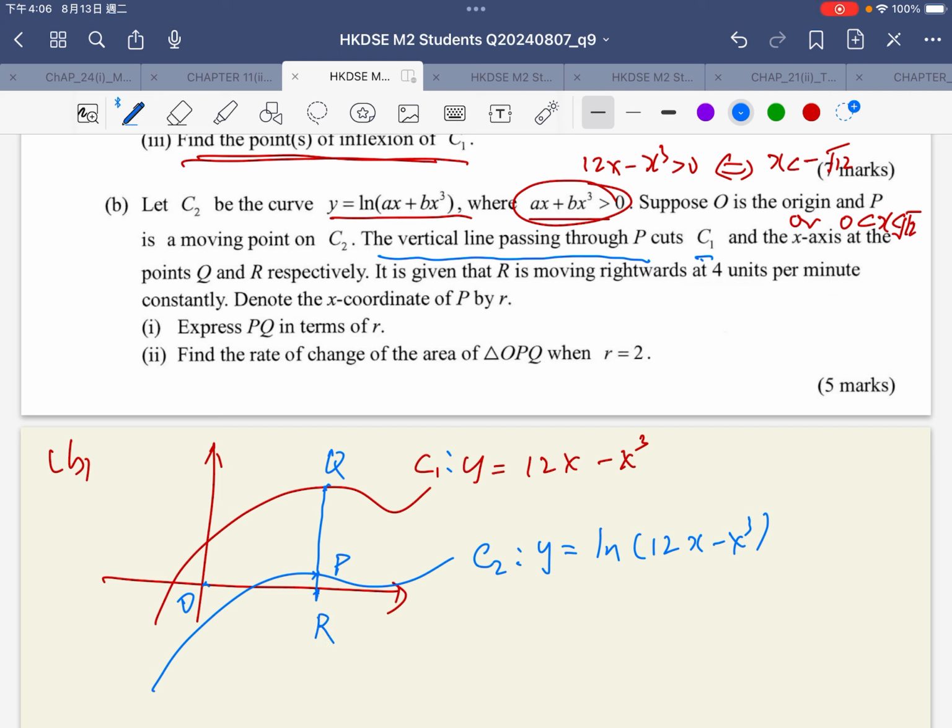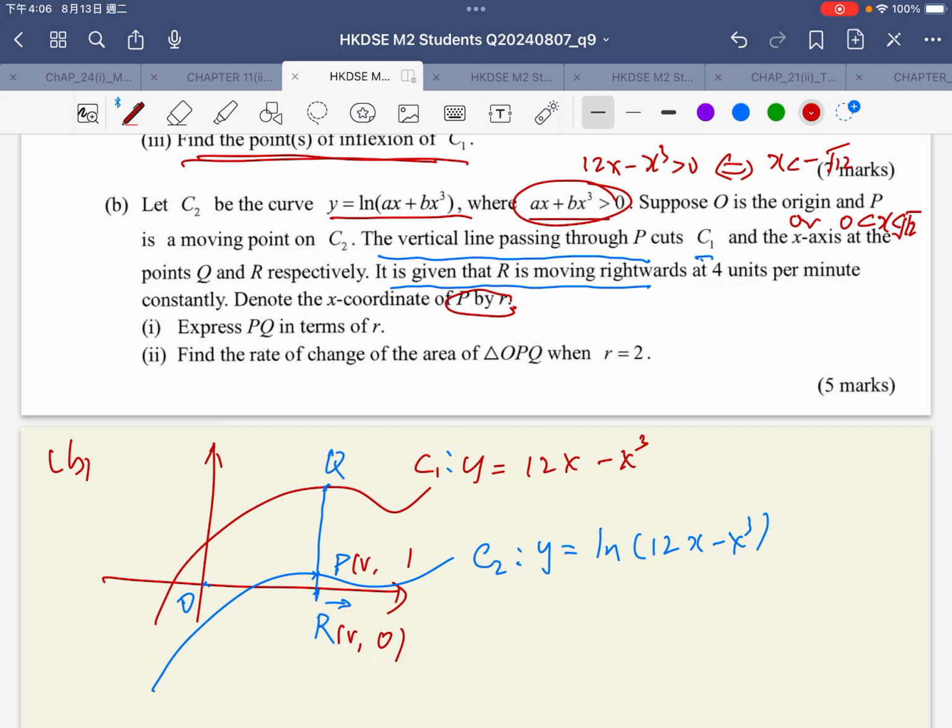Now it is given that R moves rightward. Let the x coordinate of P be r.